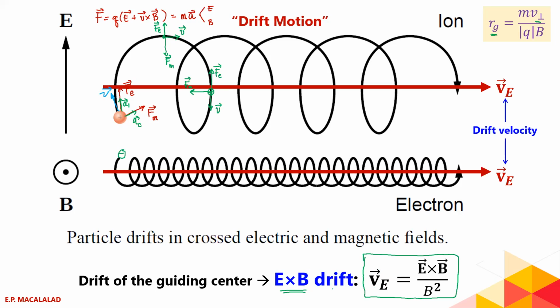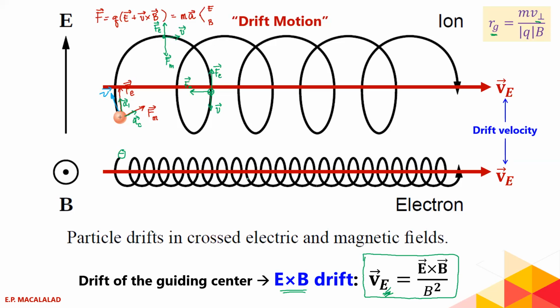That's why it's called E cross B drift. So the direction of the drift velocity is determined by the cross product of E and B. So if we take the cross product E cross B, okay, we get this direction. So that's E cross B drift.